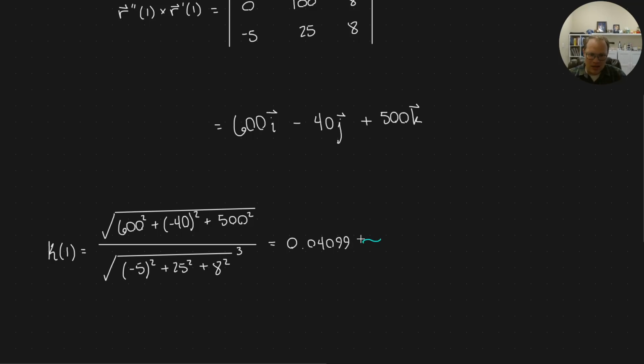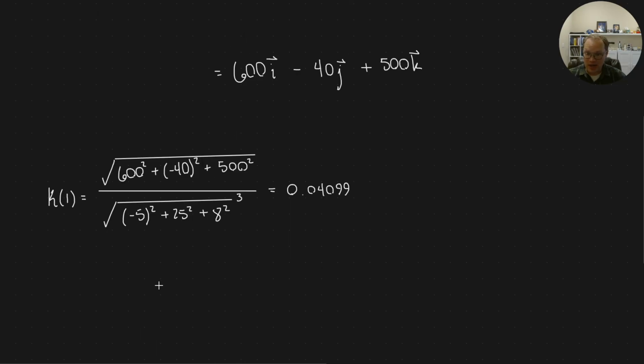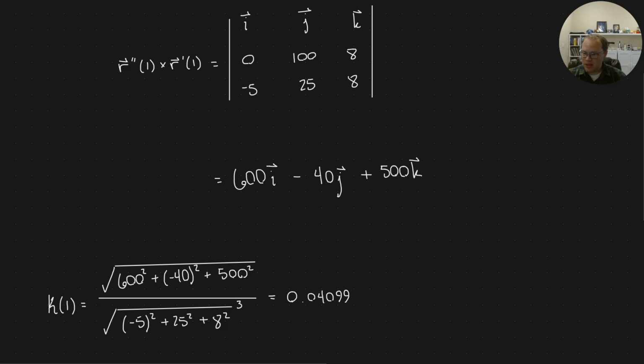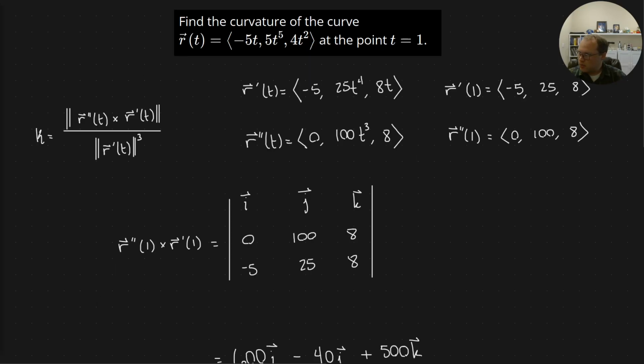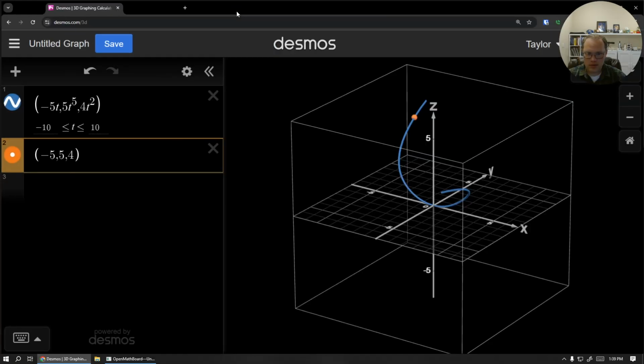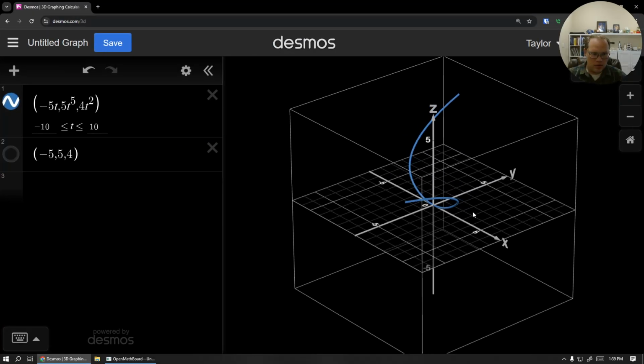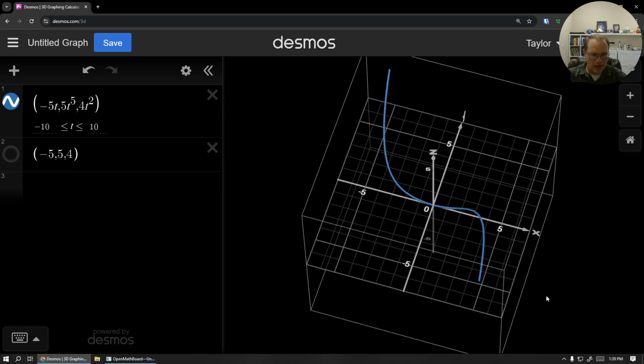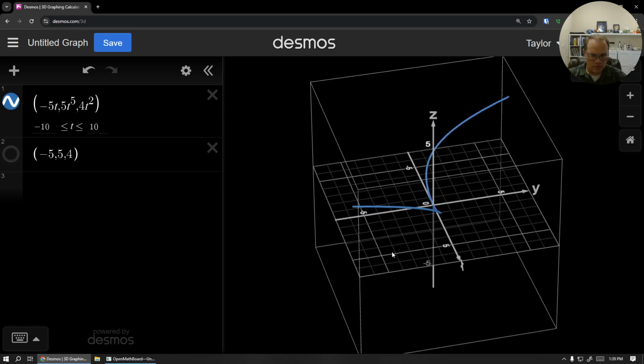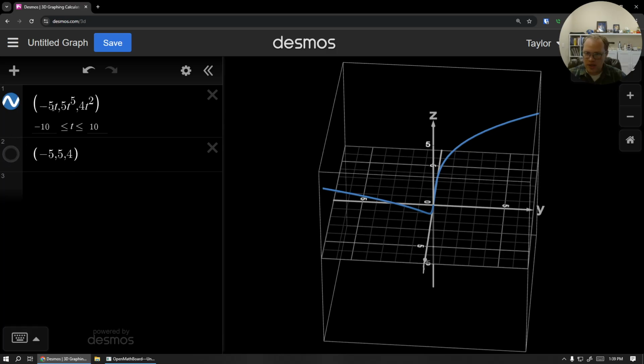Okay, not an especially big number, is it? So you would expect that this curve is not especially curvy at that point. Okay, let's take a look. Bring the graph over here. So that blue line there, that's our curve. Okay, and we're interested in when t equals 1. So if you plug 1 in, that's the point negative 5, 5, 4.